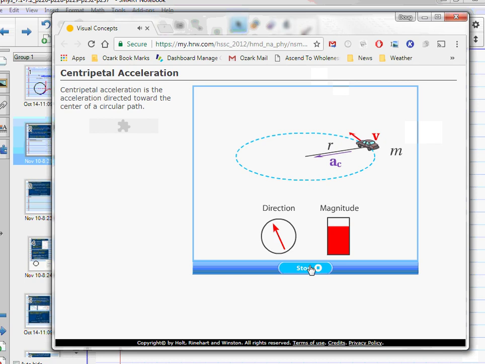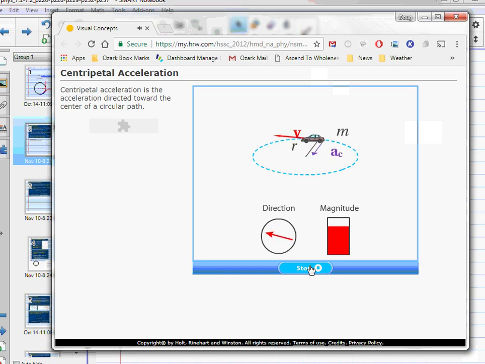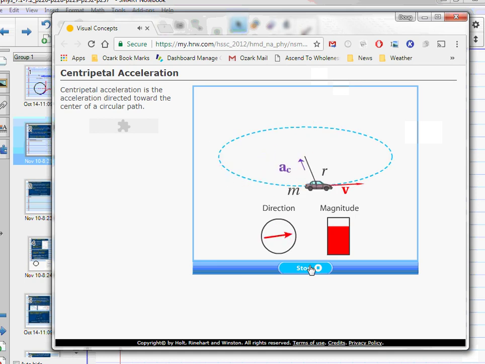Acceleration of this nature is called centripetal, or center-seeking, acceleration. When the radius decreases, the direction changes more quickly and the experienced acceleration is greater. When the radius increases, the direction changes more gradually and the experienced acceleration is not as noticeable.